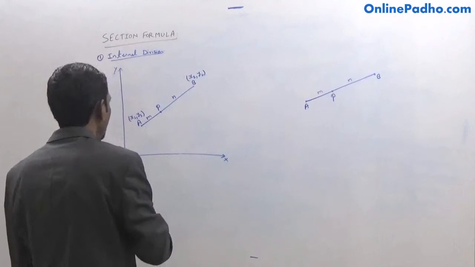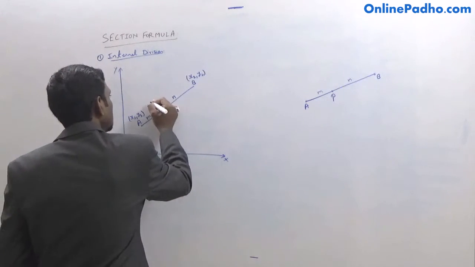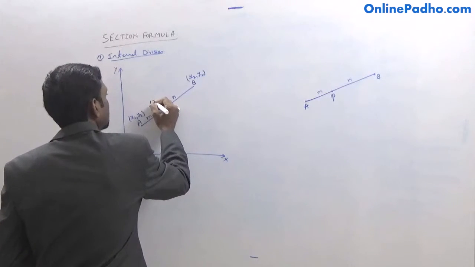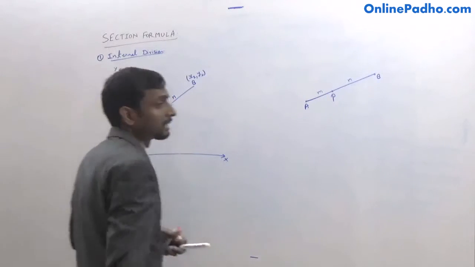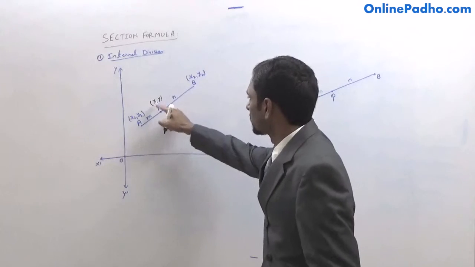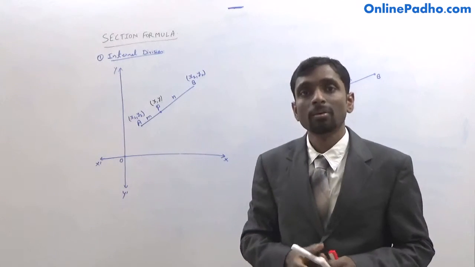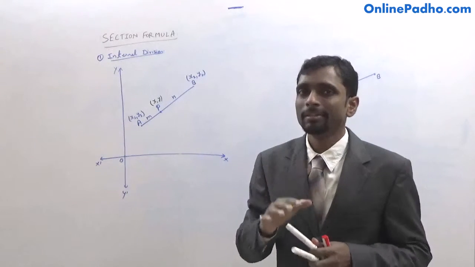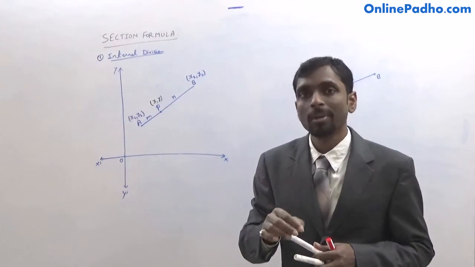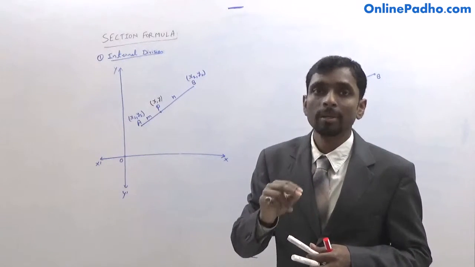Let's see how to find it. First of all, consider this coordinate as x, y. Now we need to find the value of x and y in terms of the given parts. We will get the coordinate of point P. That will be the formula to divide a line segment internally.